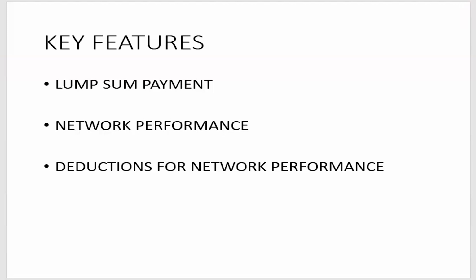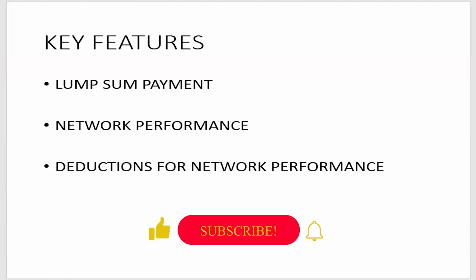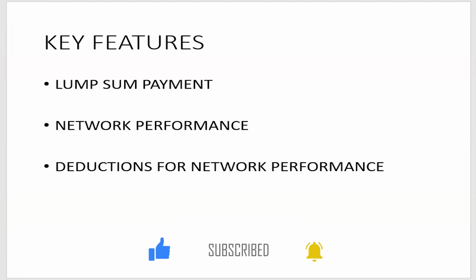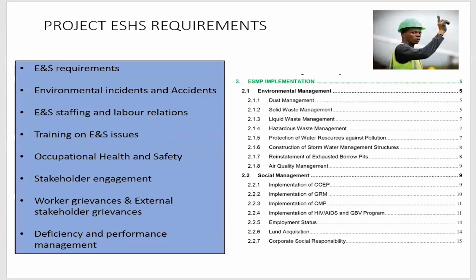Then we measure the roughness for road durability. For this one, we are talking about road user comfort and then road durability. We are using roughness to measure the network performance. If it doesn't meet the target, we deduct for failing to meet it.